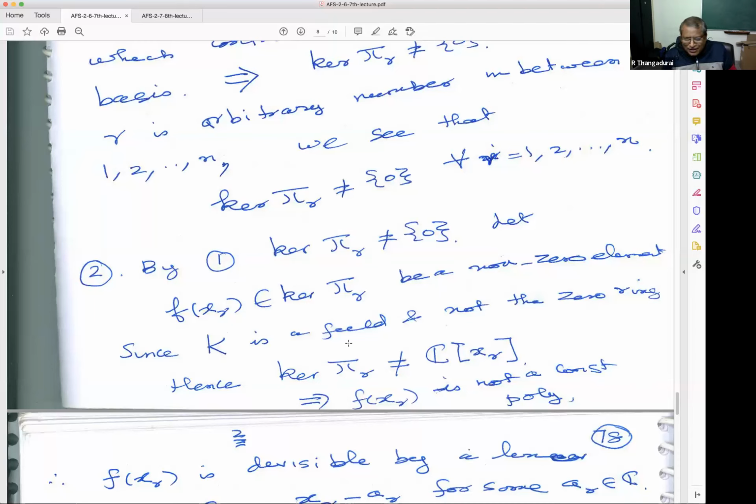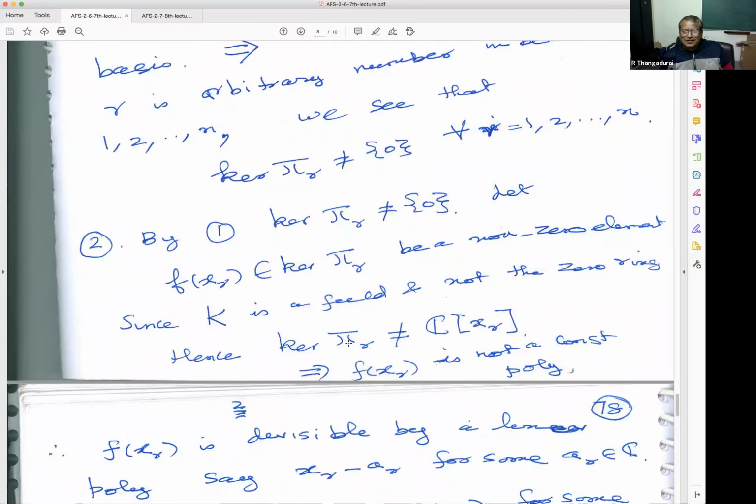If it is whole, then C of xr modulo the kernel is just a zero element. But since K is a field, it is not a zero ring.